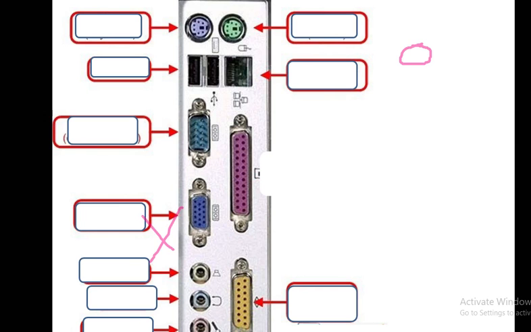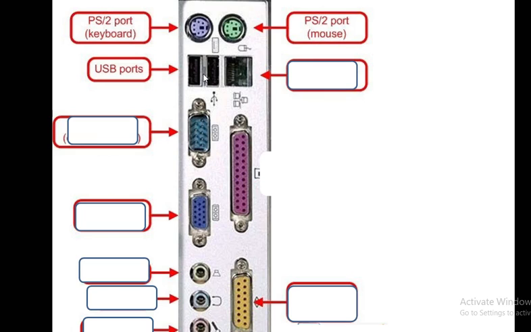Now after reading all the ports, can you identify these? What kind of ports are they? These are PS/2, right? In PS/2 how will you identify whether it belongs to keyboard or mouse? See, the picture is given. This represents keyboard, and this represents mouse, right? And what about this? This is a USB cable, USB port.